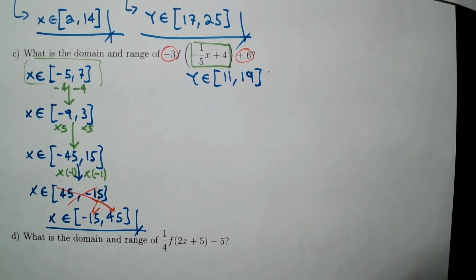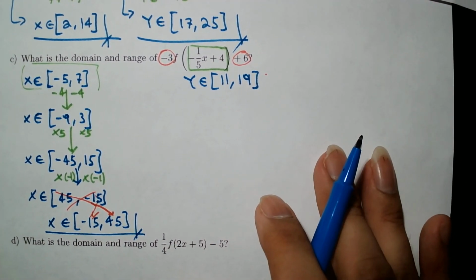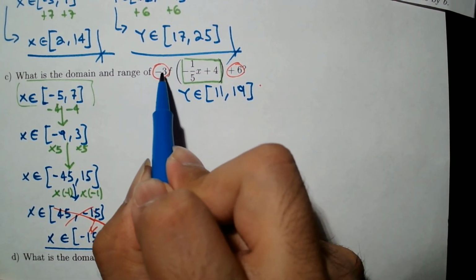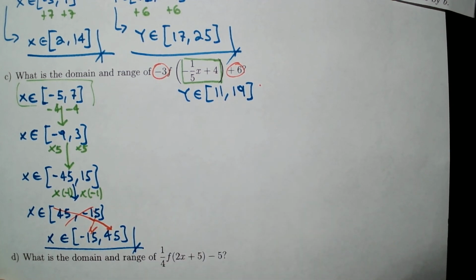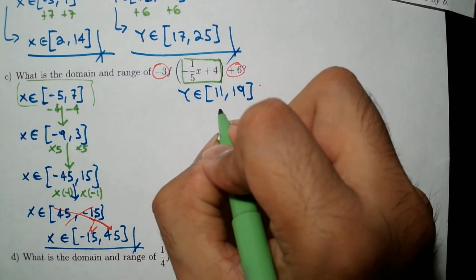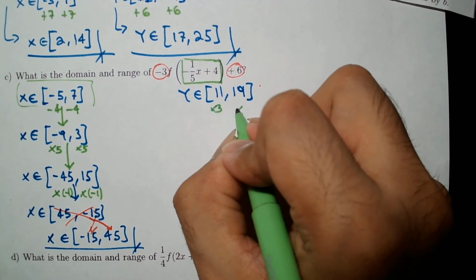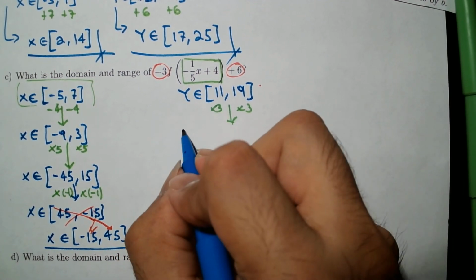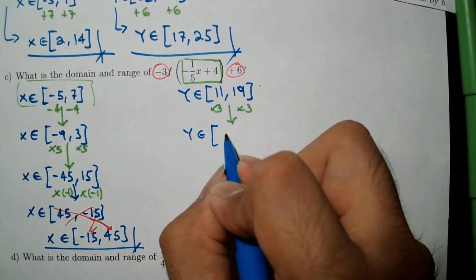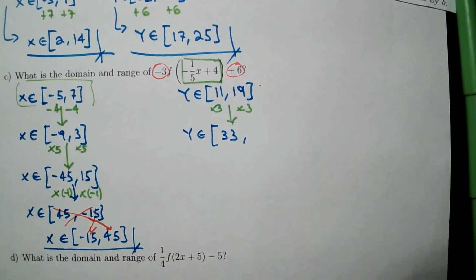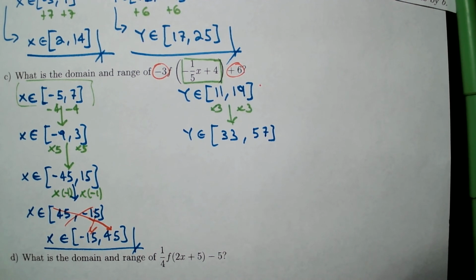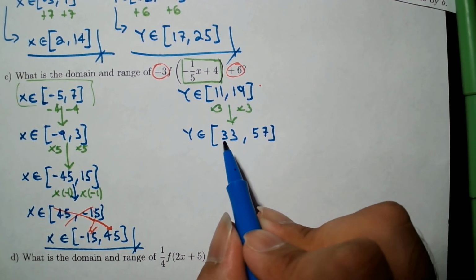Now let's do the range. Let's look at the y's. First of all, I'm going to do these 3 first. I'm going to multiply each y, 11 and 19, by 3 to give us 33 and 19 times 3, which is 57. Then I'm going to do this -1.